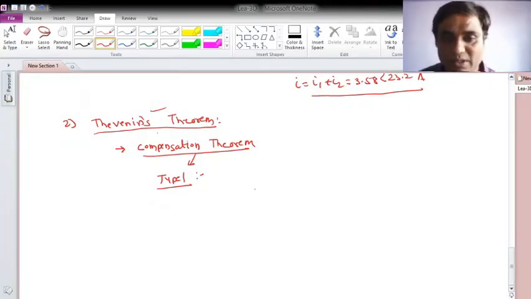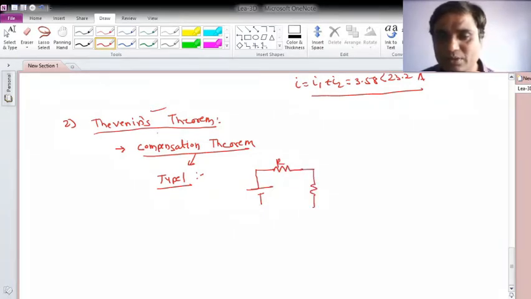So basically, if I have a network like this with battery E, then there is R1, and one more resistor here, R2, and this is the current that flows. I know what is E. So what is the drop across R2? It will be I into R2.